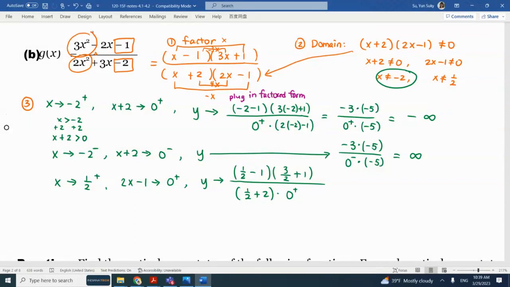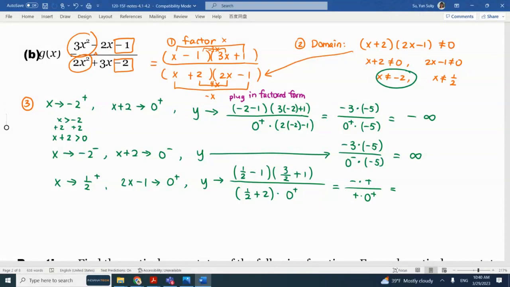Yes. Okay. Now what happened? So this factor here, is it positive or negative? This factor is positive or negative? Positive. So you have negative, positive. This one is positive, and 0 plus.